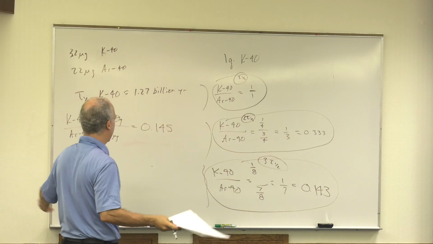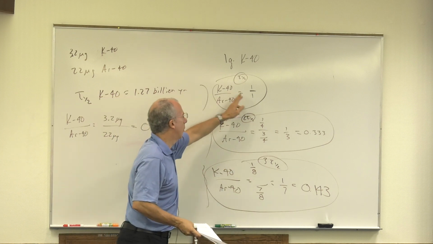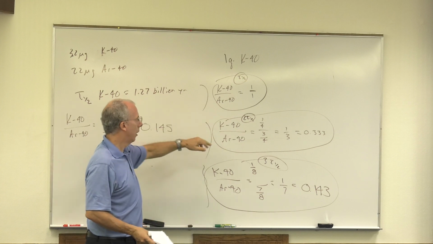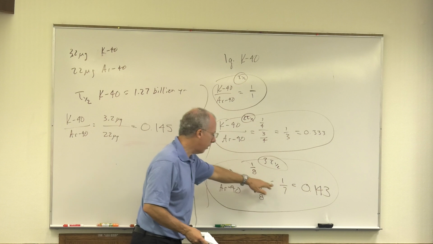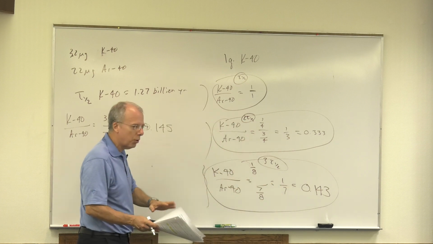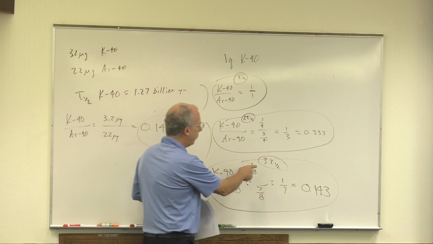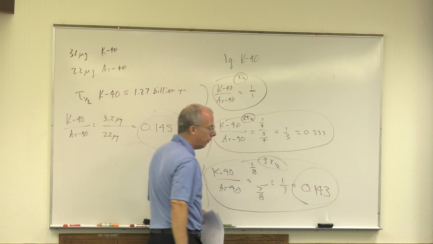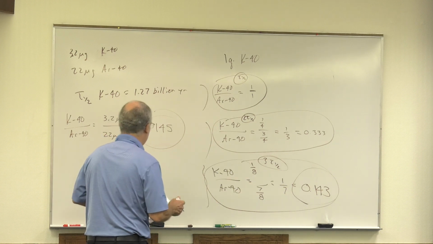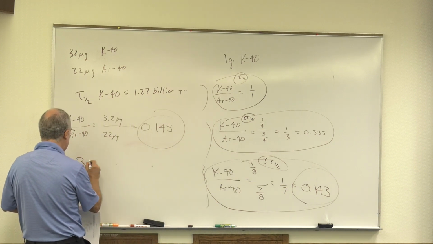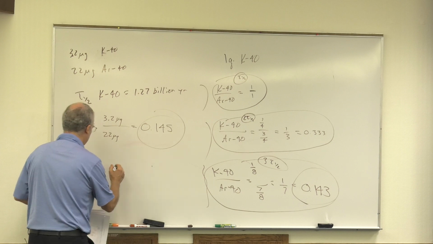What does that indicate? How much time has elapsed? One half-life? No. 2 half-lives? No. 3 half-lives? Yeah, right, or close. We're just doing approximately. So this ratio is 0.145. After 3 half-lives, the ratio is 0.143. That's approximately the same. So we're going to say 3 half-lives have elapsed, right?